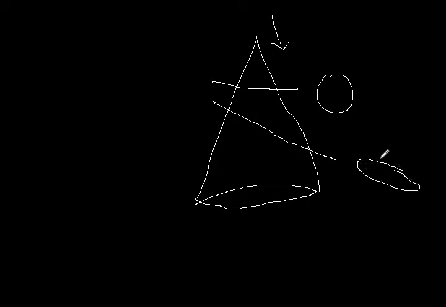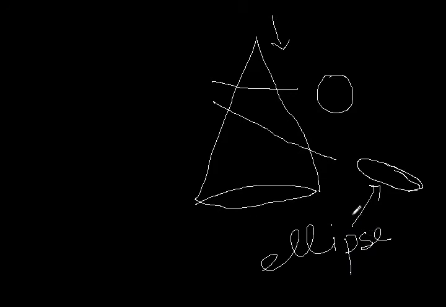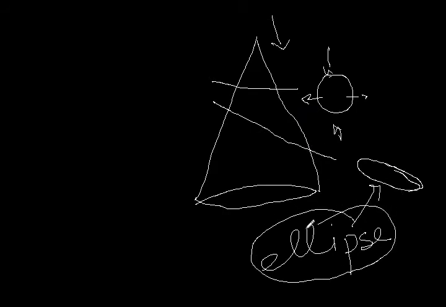And if you look at it from the top, it will look like this. Now this is what we call an ellipse. An ellipse is a kind of a circle where the top is flattened and the belly goes far away from it. So the cap flattens and the belly goes out, and we call this shape an ellipse.